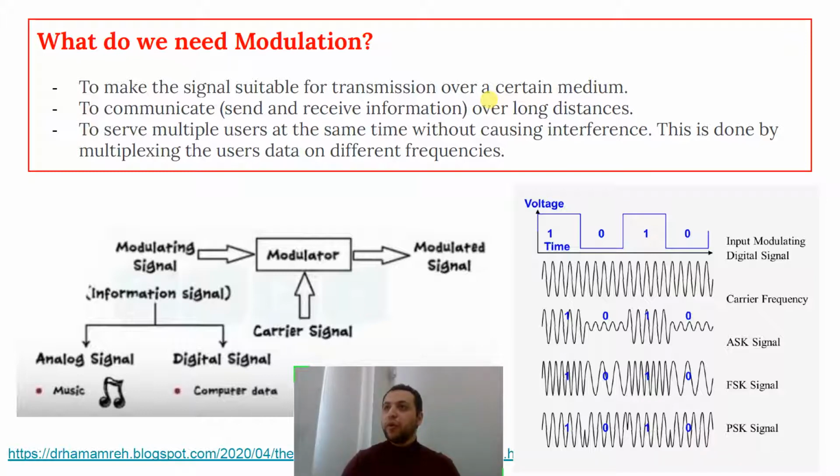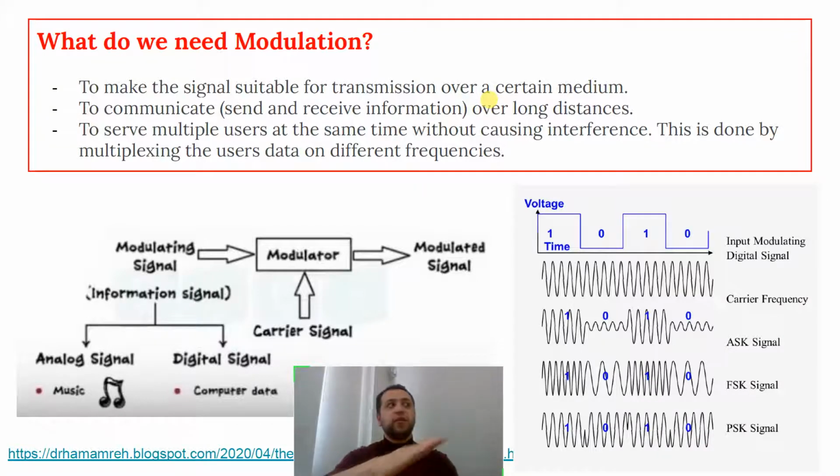For example, your voice signal or music or audio cannot propagate directly through a copper cable or an optical fiber cable. You understand me? Because the bandwidth, the frequency at which this cable allows signals to pass through, does not allow the voice signal to pass through.